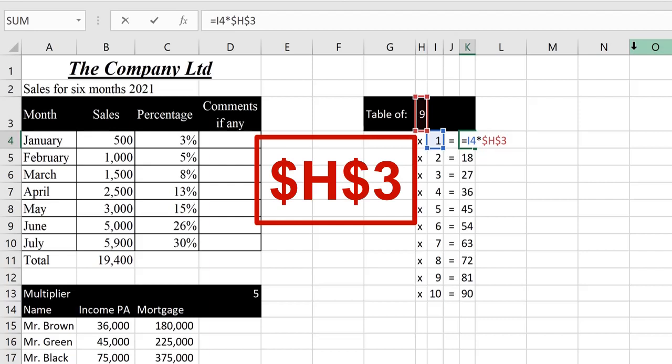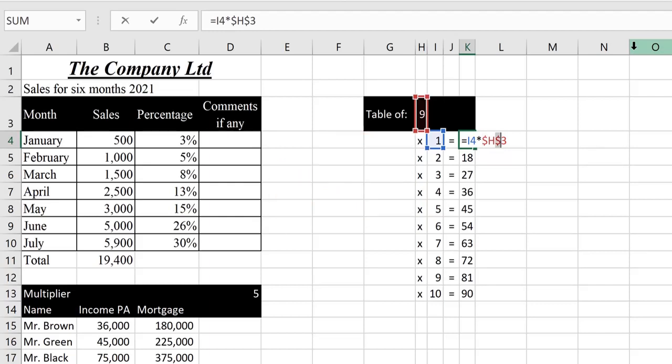In H3, H means the H column and 3 means the third row; both have been made absolute by placing a dollar sign, one before H and a second before 3.